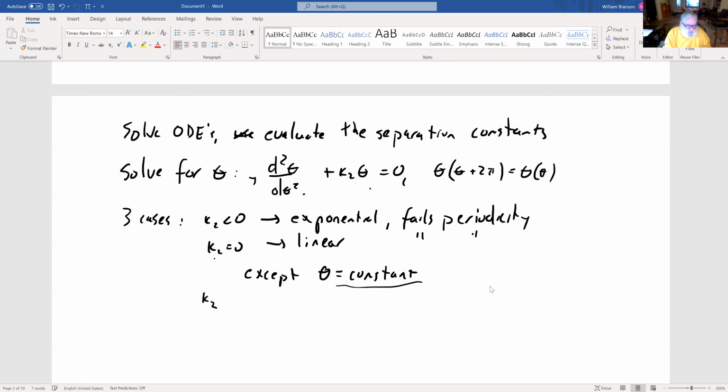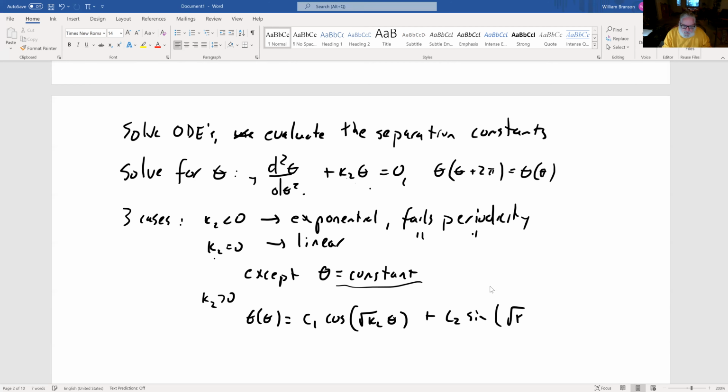And the most interesting case is K2 greater than 0, which means that your solutions are going to be C1 cosine square root of K2 theta plus C2 sine square root of K2 theta. Right?